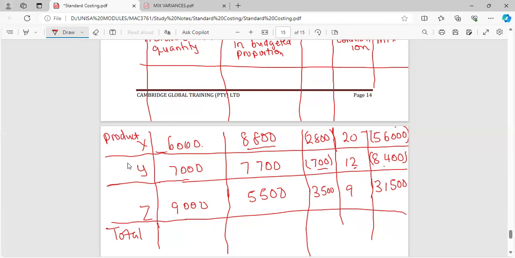So it's going to be 56,000 plus 8,400 minus 31,500. So we're going to have 32,900. It's unfavorable, so it's going to be adverse.